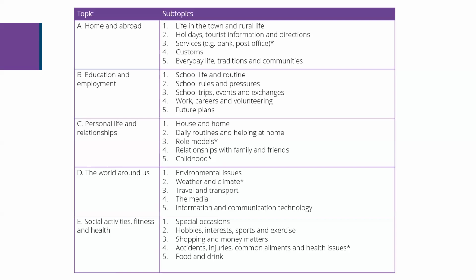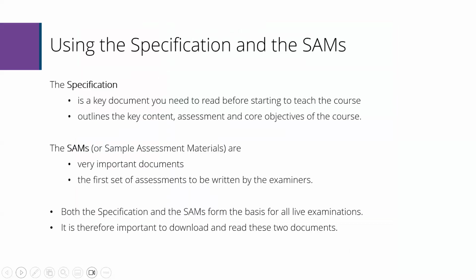So if there's been a particularly severe weather event in a particular area, we don't want to ask students to talk or write about those things. So that's the point of those asterisks in that list.